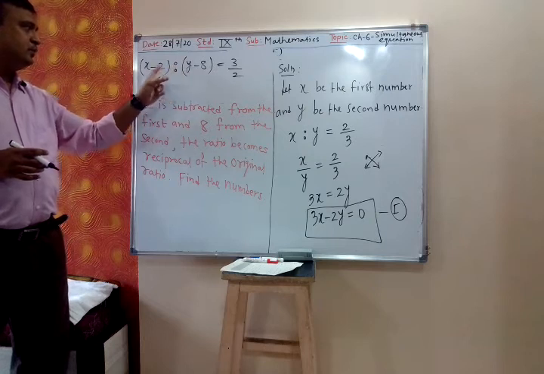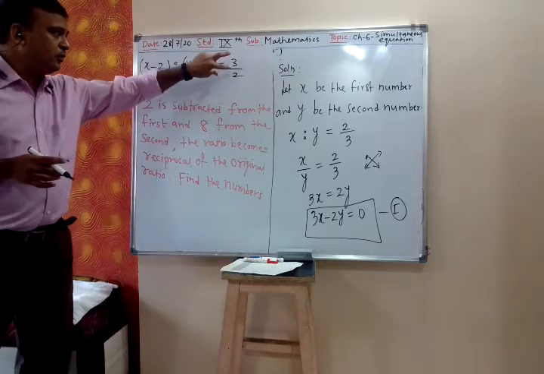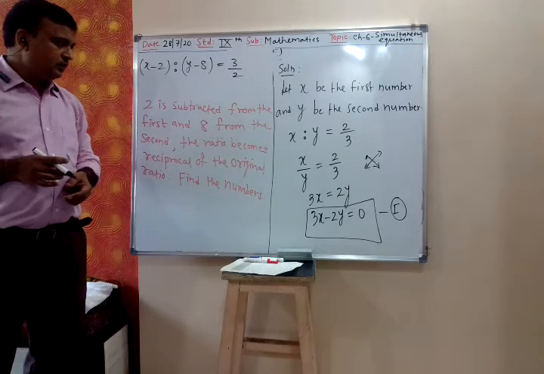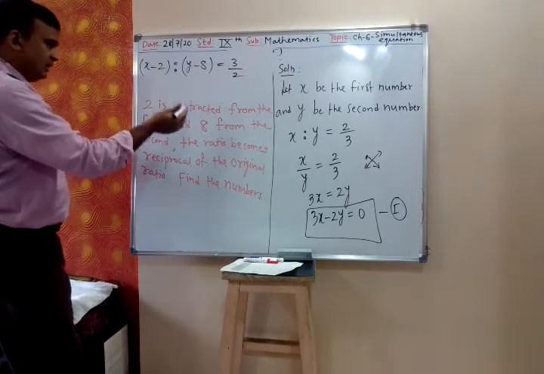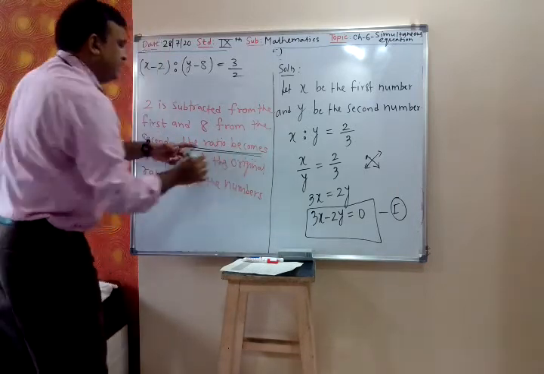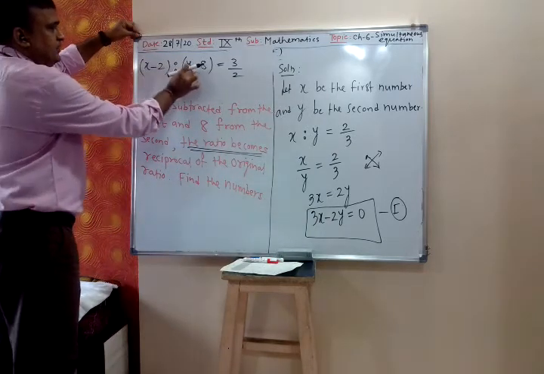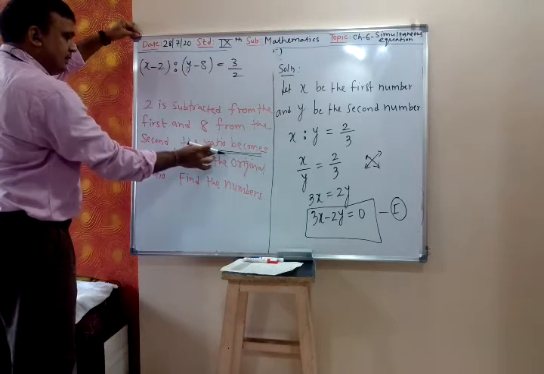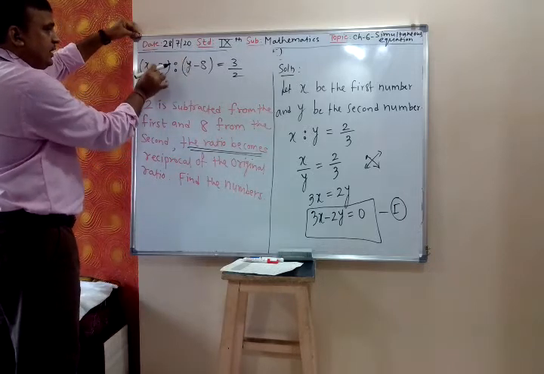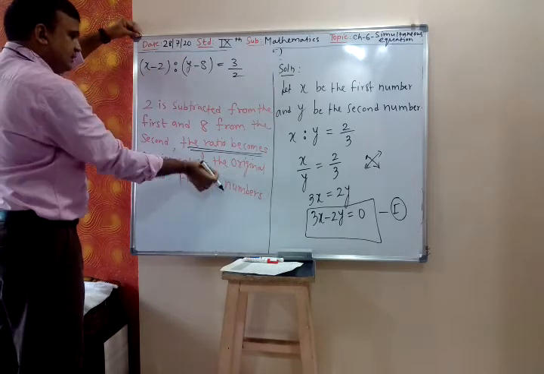The ratio of these two, after subtracting 2 from first and 8 from second, becomes the reciprocal of the original. See, further part you read, the ratio becomes reciprocal of the original. After subtracting 2 from first and 8 from second, we have to take the ratio, and that is the reciprocal of the original.